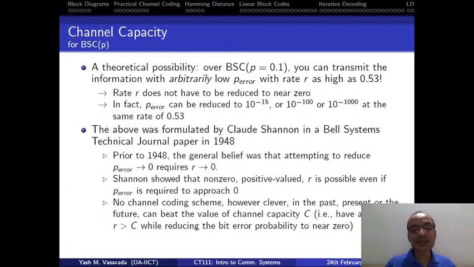It was shown in the same journal paper that for real world channels, where the actual noise is most likely Gaussian noise and the actual signals are voltage signals, not just bits, the channel capacity bound C is equal to bandwidth W times logarithm base 2 of 1 plus SNR.